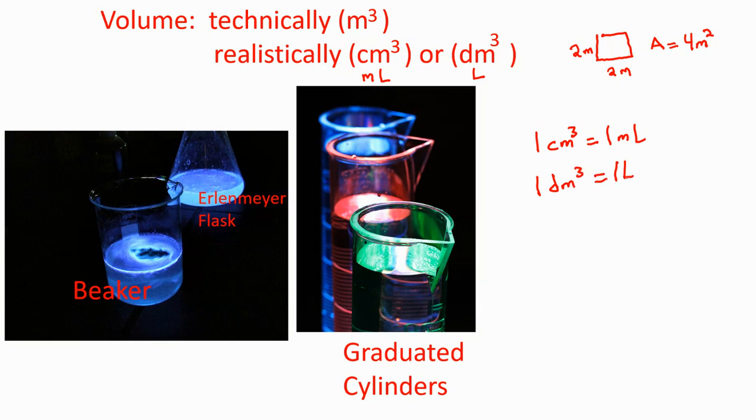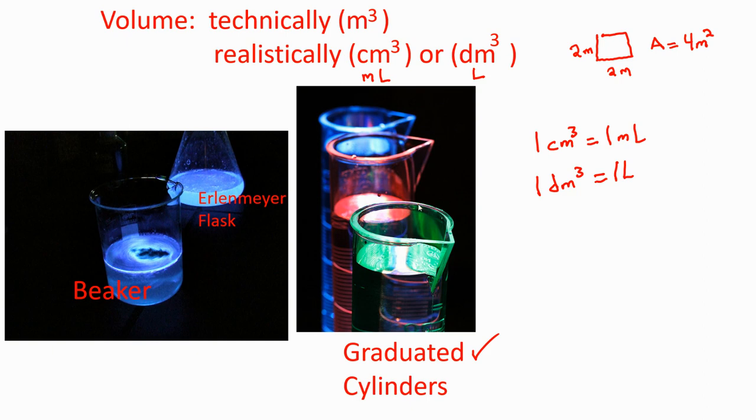We measure volume all the time, frequently, I should say, of liquids. And the instruments that we use to do that, when we really want to accurately know the volume of a liquid, we might use something like a graduated cylinder pictured above here.